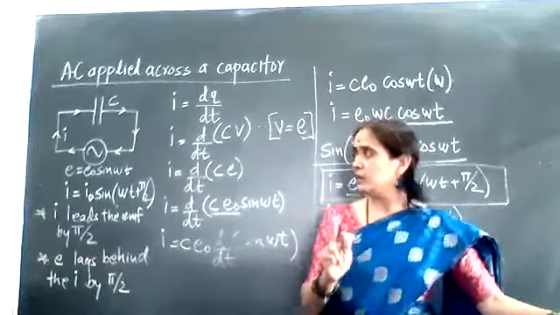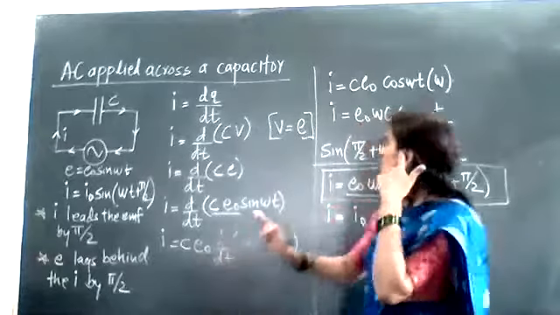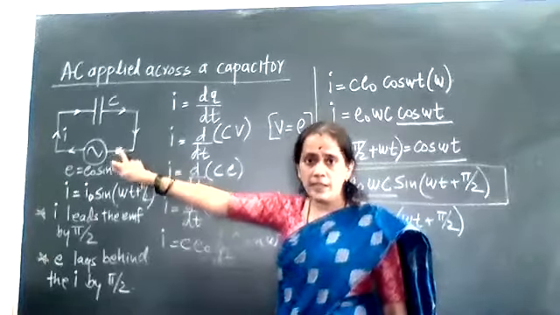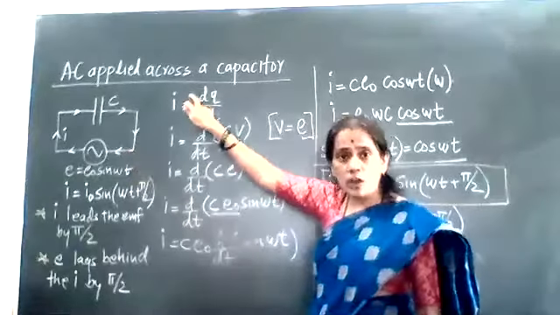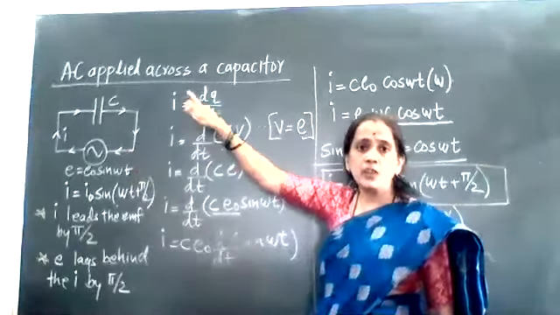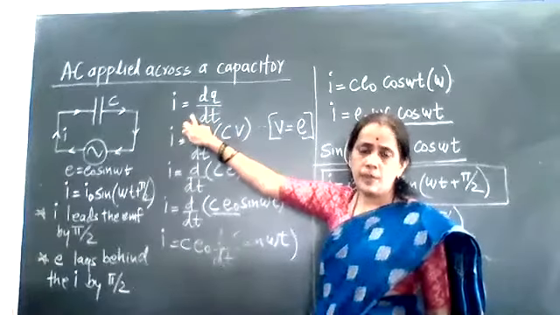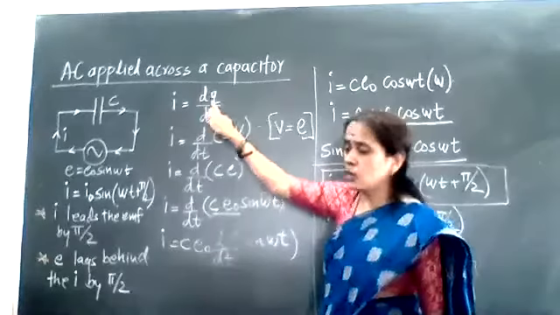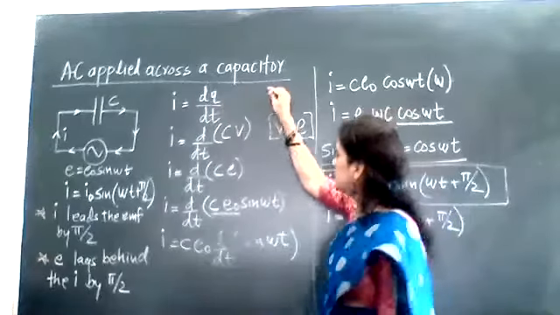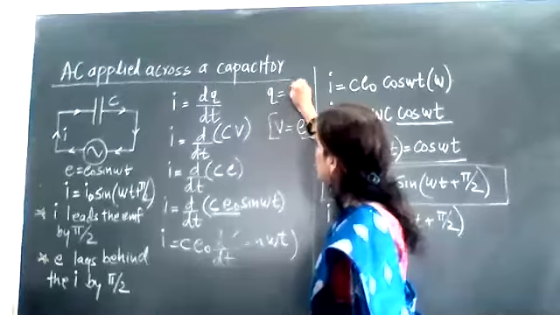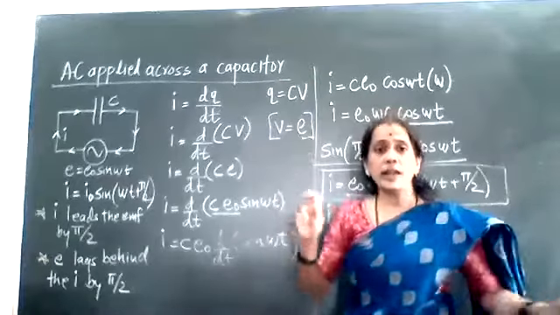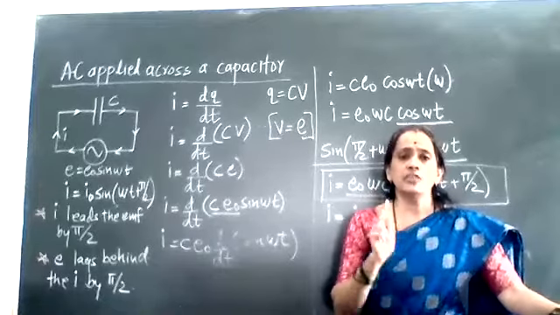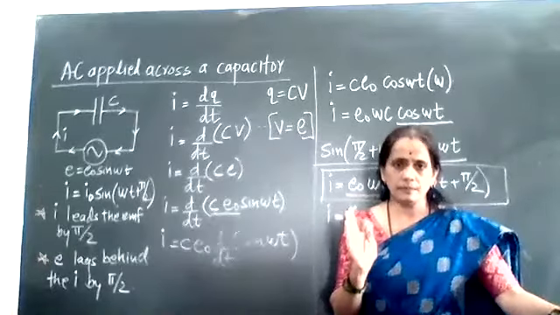In that 3-mark question, you have to start from your original circuit. In that circuit, what amount of current is flowing? Then use the current definition: current I is equal to dq by dt. In place of q, we place q equal to C into V, from your electrostatic chapter, the concept of charge stored in the capacitor.